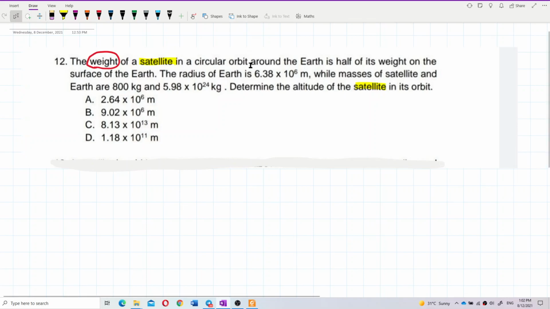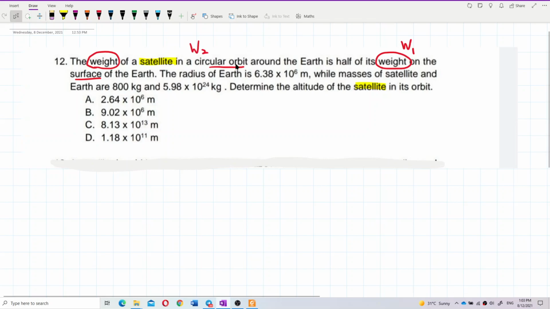Weight in a circular orbit around the Earth is half of the weight on the surface of Earth. So it's about the weight. One is the weight in the orbit, another one is the weight on the surface. We can put the weight of the satellite on the surface as W1, and the weight of the satellite at the circular orbit as W2.